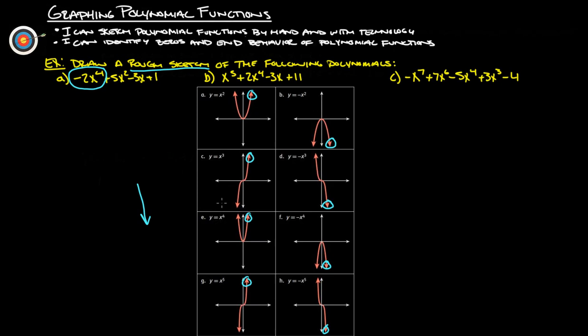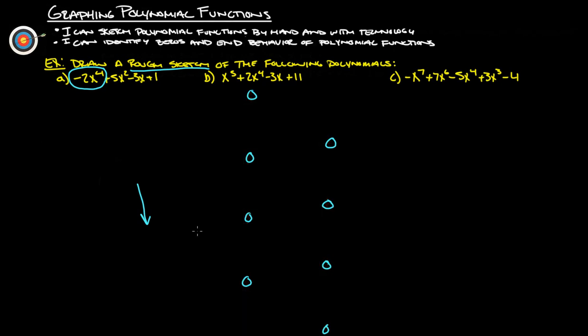And then what we'll want to do is, we know that this thing ends up going down. Now, whatever power it is, if it's fourth power, take whatever power it is, 4, subtract 1 from that, and we get 3.